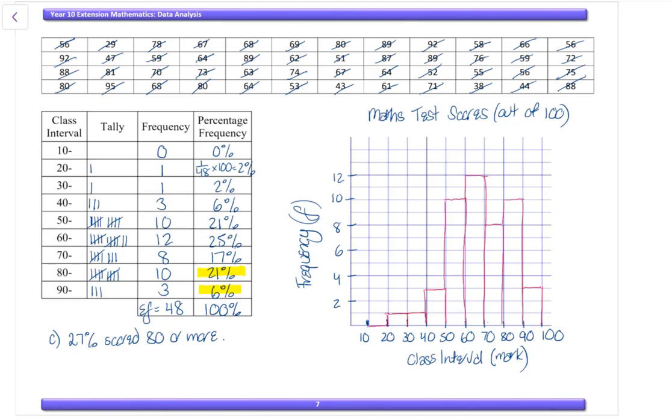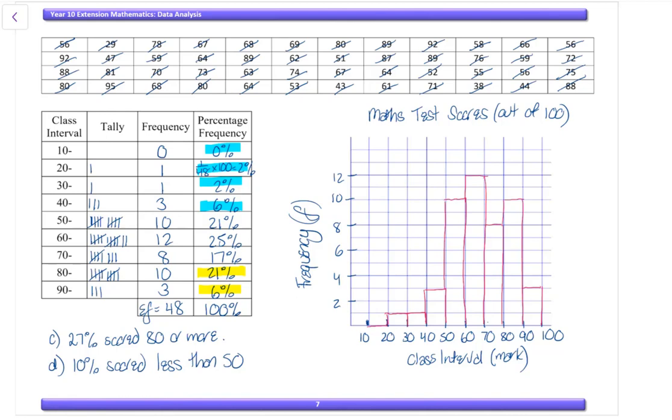Then we had state the percentage of students who scored less than 50. So less than 50 would be those there. So 6, 7, 8, 9, 10%. Okay, so there's those questions answered.